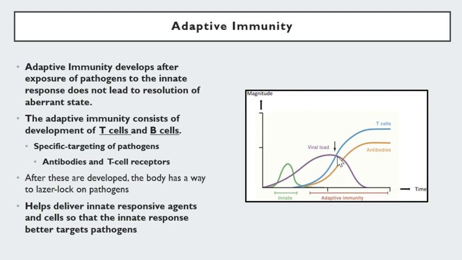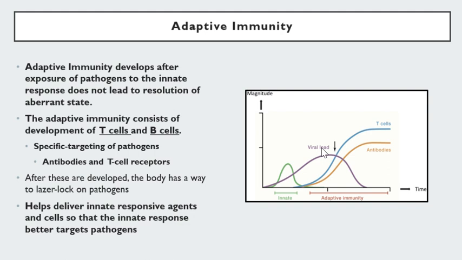But so with adaptive immunity, it's activated after the innate response, and the whole purpose of it is to develop a greater exposure to the antigens so that T cells and B cells can be developed. And what these do is these target more specifically and more tailor-made responses for whatever the pathogen is.